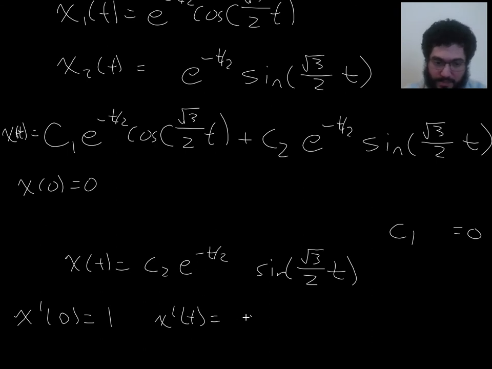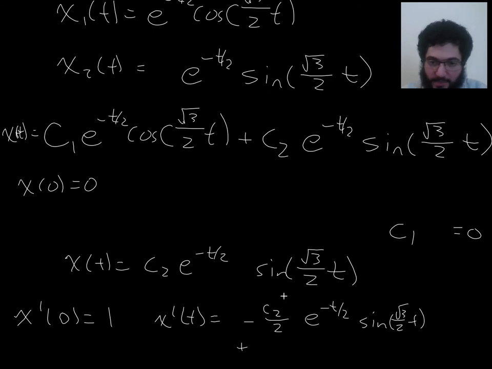So first the derivative hits this factor, and then the derivative hits this factor. When the derivative hits the first factor, I get negative c2 over 2 e to the minus t over 2 sine root 3 over 2 t, plus, when the derivative hits the second factor, I get root 3 over 2 coming out.